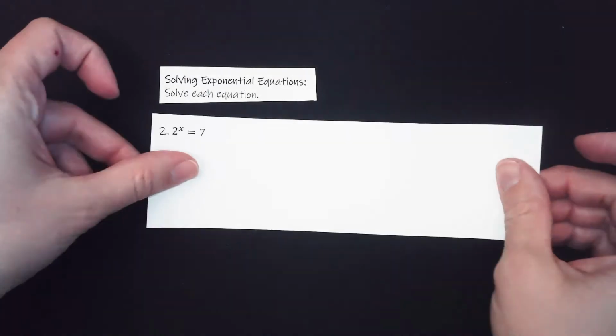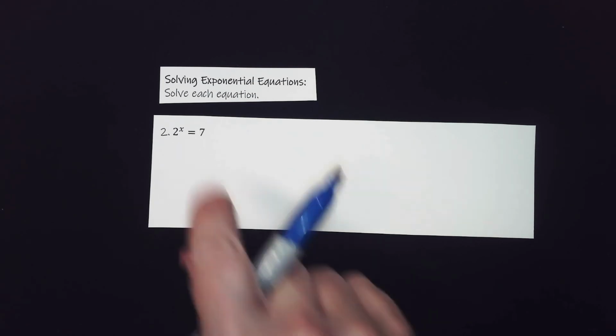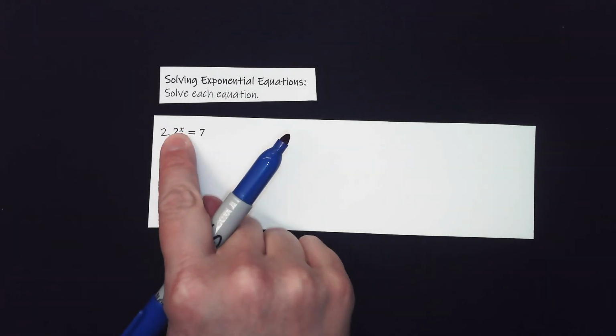Let's try it with number 2. All right. Well, can I use that property? I can't make both of these have a base of 2. So what I'm going to do is use something I know from a previous section, and I can get an x out of the power by using the definition of logarithm.